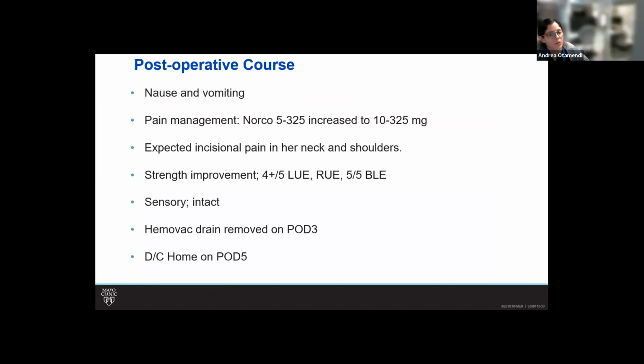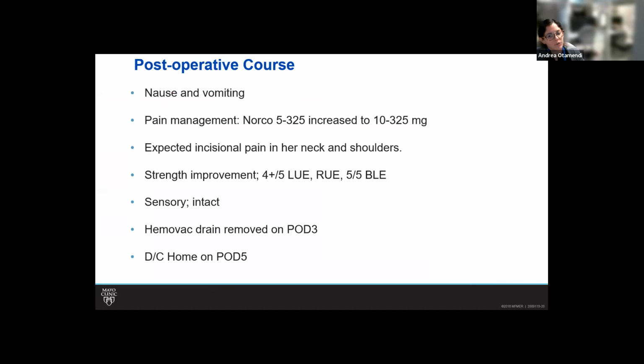Yeah, and on the postoperative course, the patient had some nausea and vomiting, probably due to one of her medications, and the team decided to switch her oxycodone to Norco. Her strength improved some by discharge.